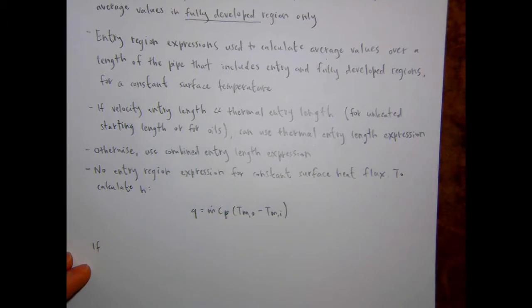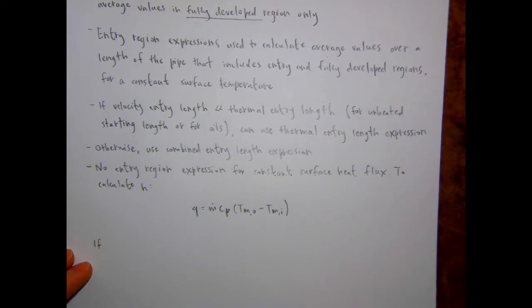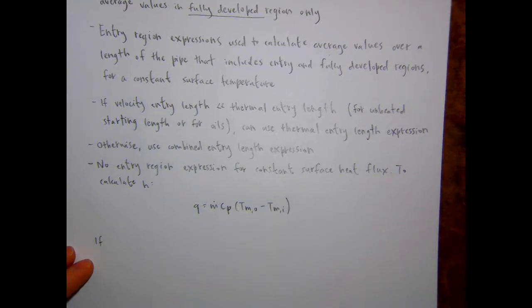So we drew a little energy balance around a differential element in a pipe and said that the heat transfer going into or out of the pipe is going to be equal to this quantity here.